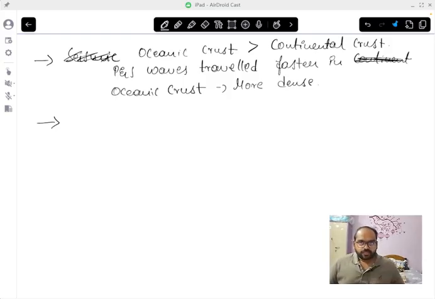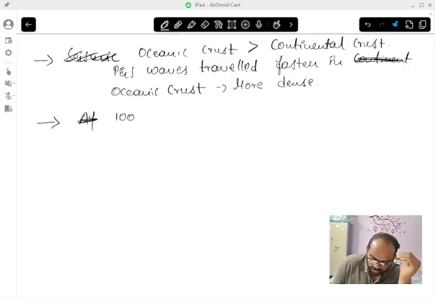After the crustal portion, that is around 35 kilometers, the speed of seismic waves increased up till 100 kilometers, indicating an upper solid mantle.